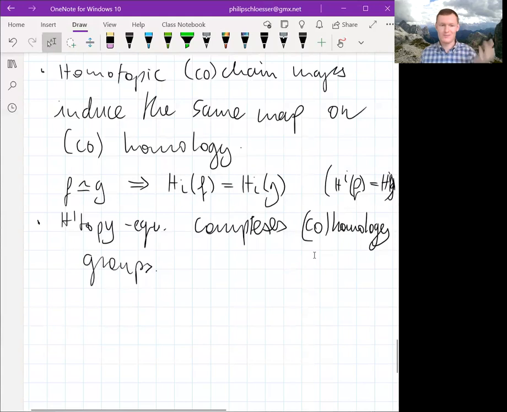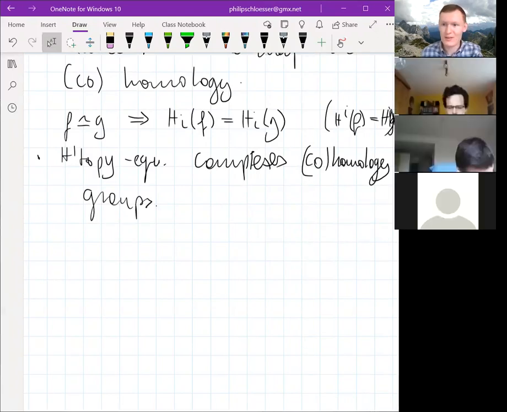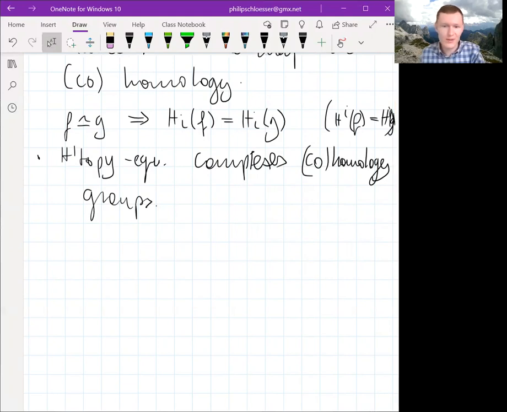So then the H_i applied to that should be the same as H_i applied to the identity. But again, since that's a functor, it's just the identity. And this way you prove isomorphism. I don't know, should I elaborate on that? Okay.